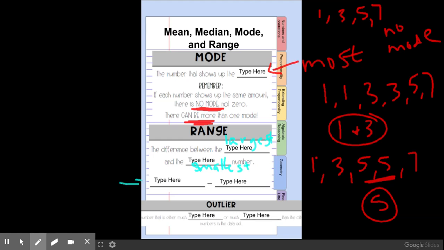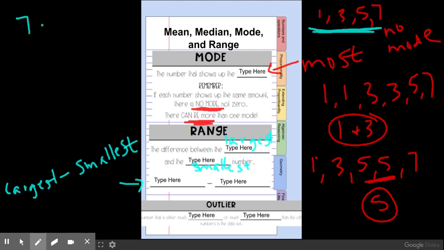So to find it right here, we're going to take our largest minus smallest to find it. So if we use this same set right here, our largest number is 7 minus our smallest number is 1. 7 minus 1 is 6, so 6 is our range. Okay.